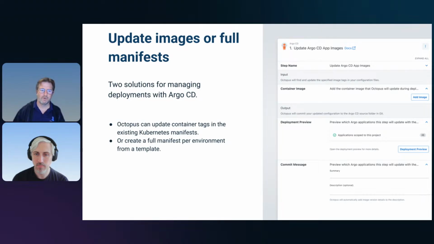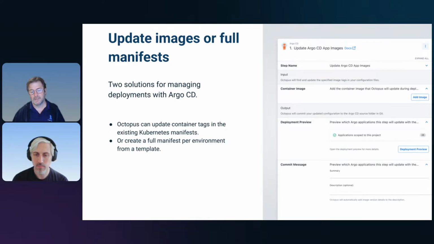We don't want to modify any behavior. We don't want to modify any parameters. We just want to be able to look through our deployments, find where Nginx is referenced, and update it from 1.28 to 1.29. And so we've created a step which allows you to say, here are the containers that I'm interested in. Please go and update them when the deployment executes. So that's the first idea we had.